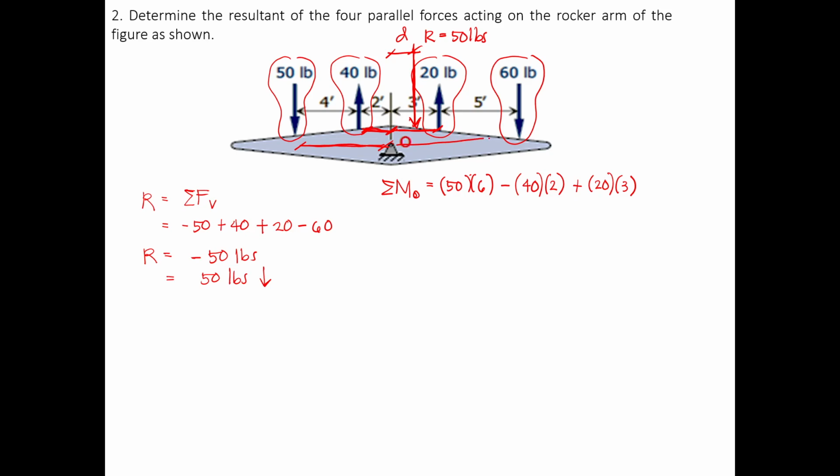Lastly is your 60-pound force. If you put the distance at the tail of the 60-pound force, that's 8 feet. So the rotation is clockwise, and that's negative. So that's 60 times 8.